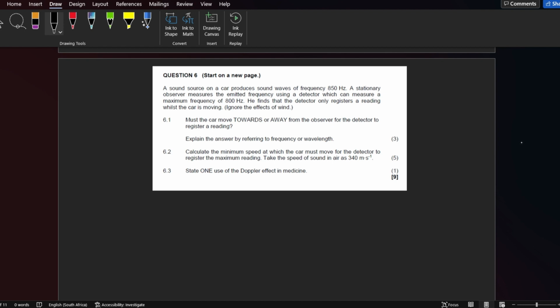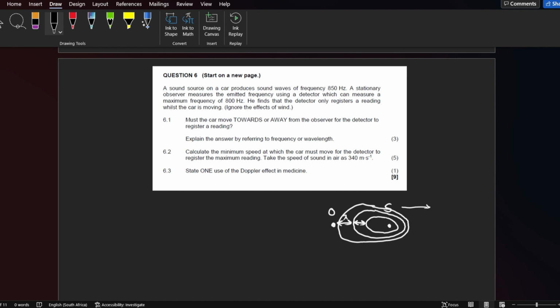So let's just look at this. We have our observer and we have our source, which is the car. Now, if the car is moving away from the observer, then the sound waves emitted behind the source are now extended, whereas the sound waves emitted in front of the source are more compressed, meaning the wavelength behind the source, those wavelengths between each wave, increase.